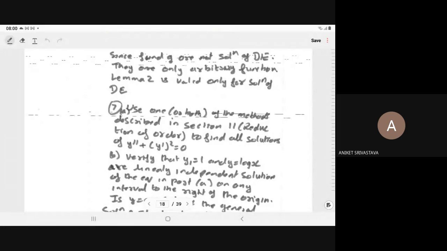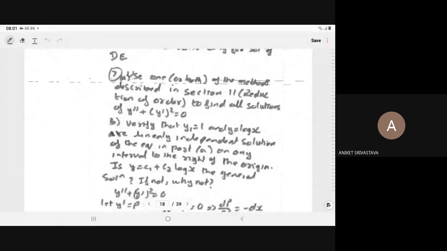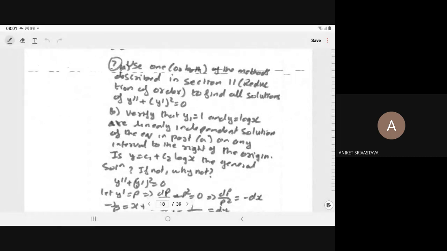So, in the last class, we have seen how to write the general solution and some theorems related to the general solution and the particular solution. In continuation of that, we have this important problem. Use one or both of the methods described in section 11.